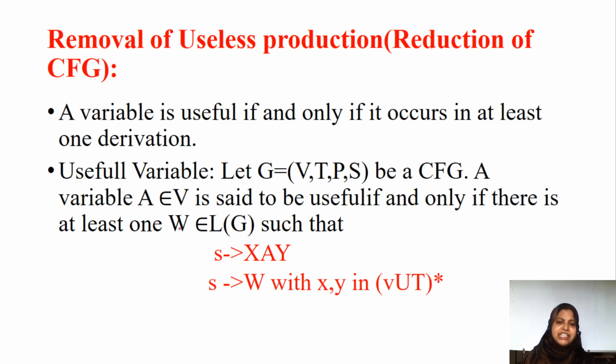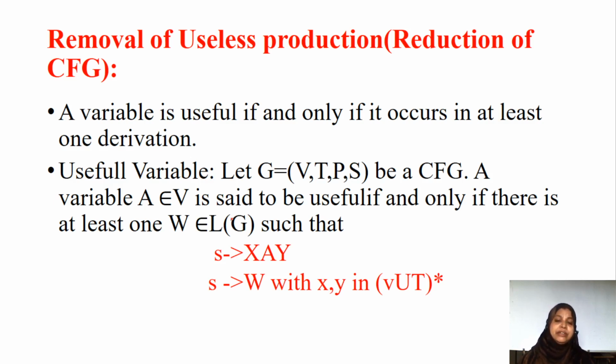We are going to generate a string that belongs to the language defined by this context free grammar G. L of G means the language defined by this grammar G, right? That particular string belongs to the language which is generated by using that particular grammar. Then only that particular variable is known as the useful variable.